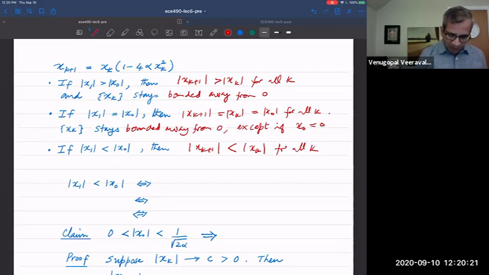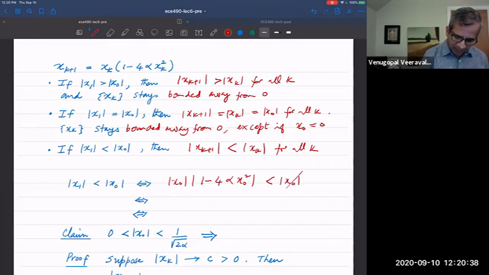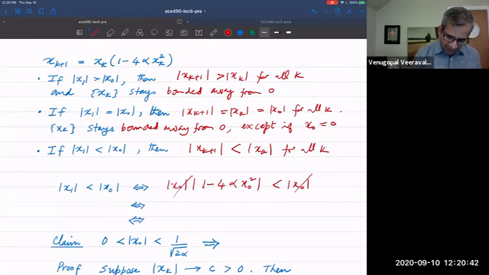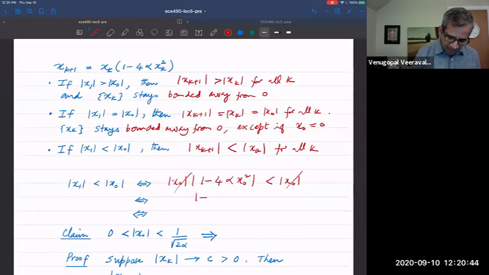And so what does that imply? When will x1 be less than x0 in magnitude? So that says that x0 times 1 minus 4 alpha x0 squared is less than x0 in magnitude. So this will cancel. So that means that 1 minus 4 alpha x0 squared should be less than 1 and bigger than minus 1.